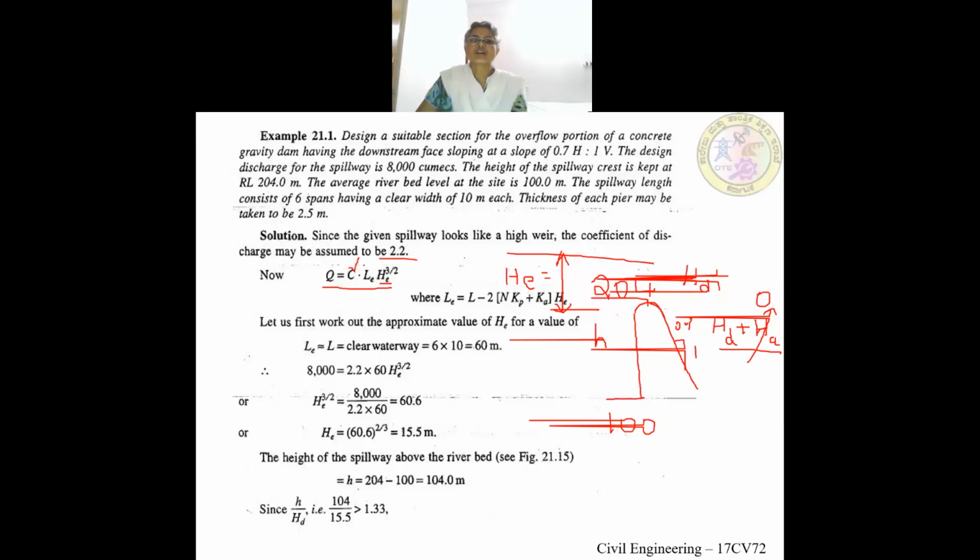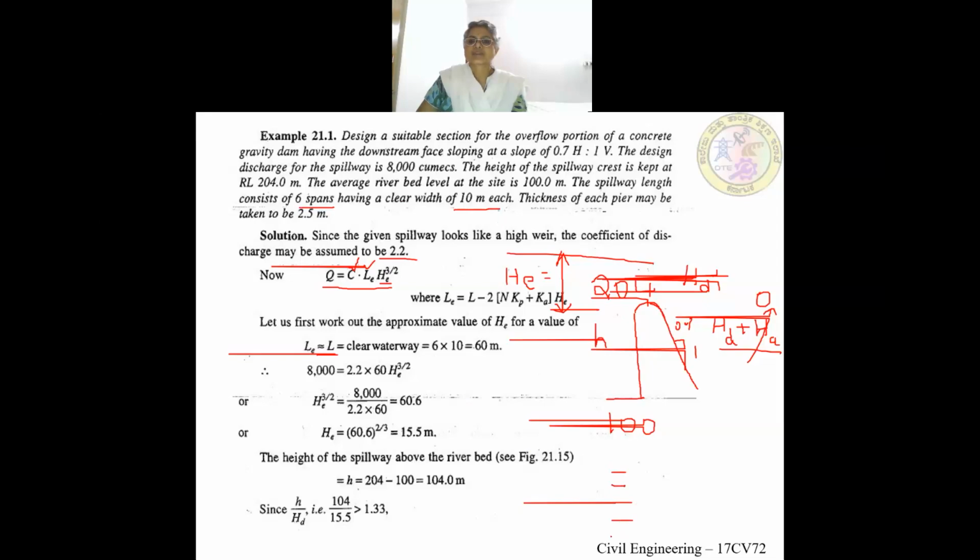We know Le. Le is the clear waterway we have to take, approximately, we are approximating it. So that is 6 into 10, because there are 6 spans having a clear width of 10 meters. If you see in the plan, there will be 5 piers like this.